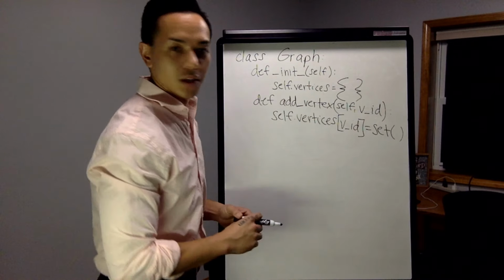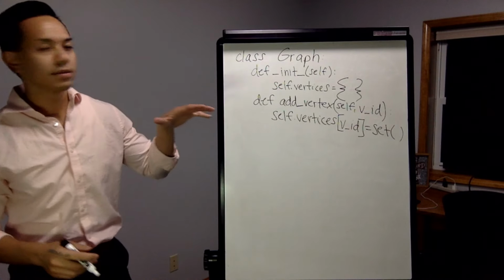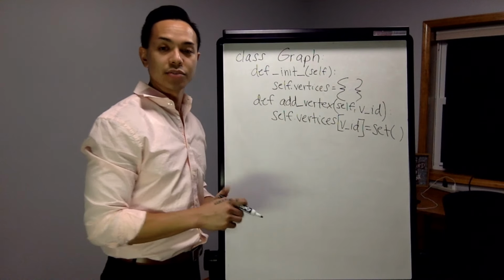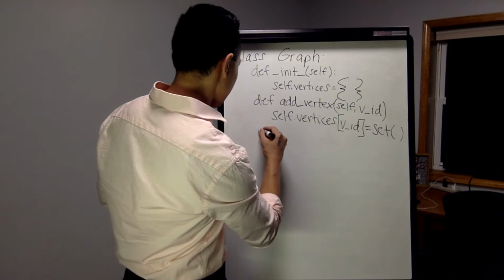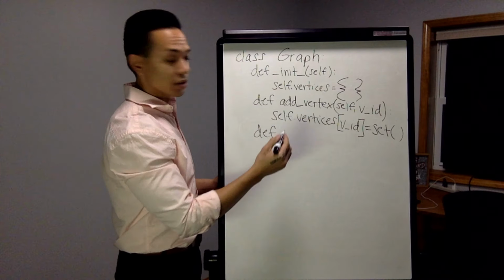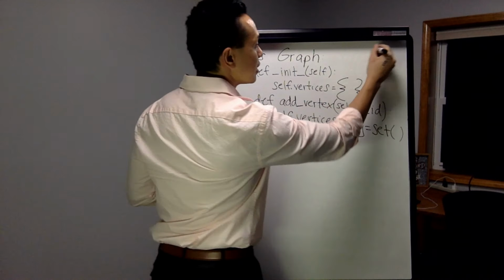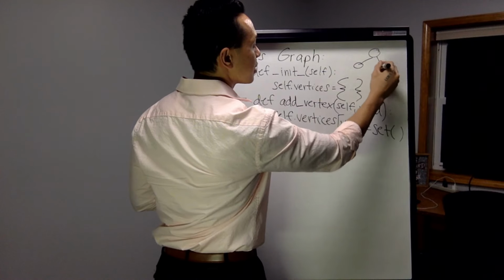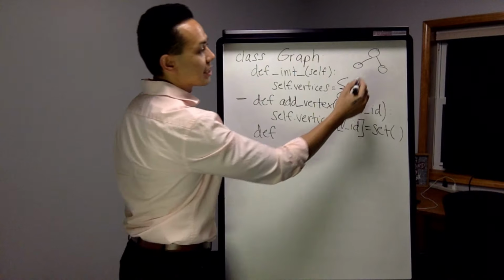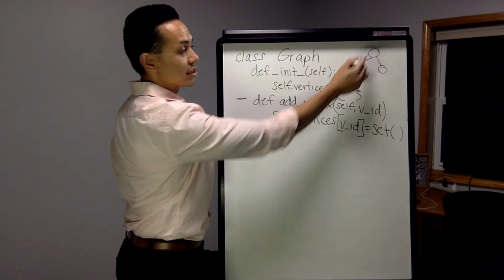Cool? All right. And the last method we're going to talk about for today in this graph class right now is the add edge method. So that's going to help us define the relationships between these vertices. If you already have an existing graph and you add a vertex, just because you add the vertex does not necessarily mean that it's going to be connected to any of these pre-existing vertices.